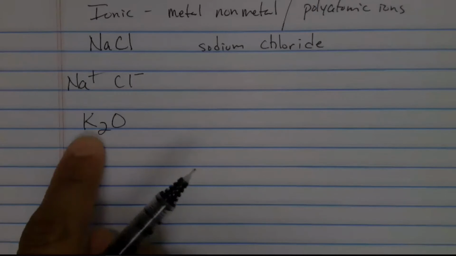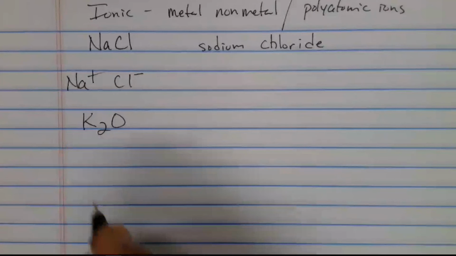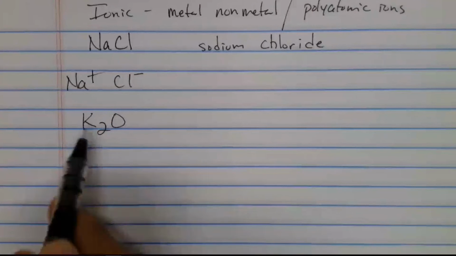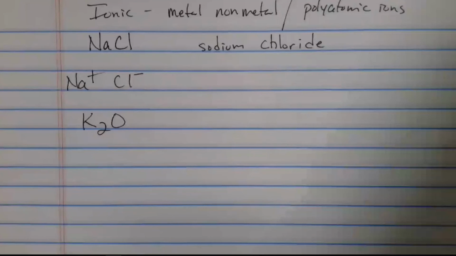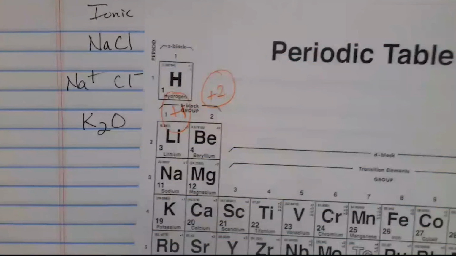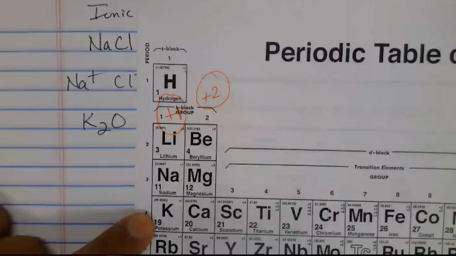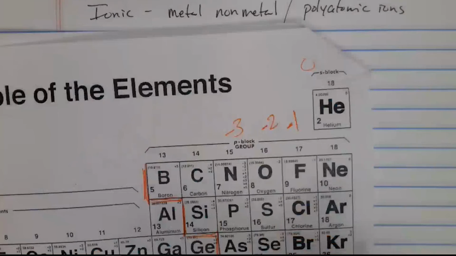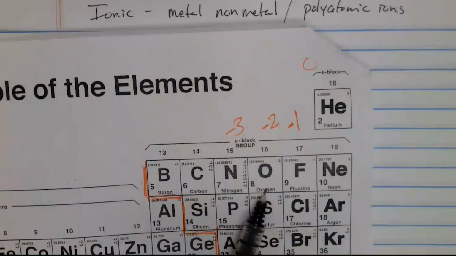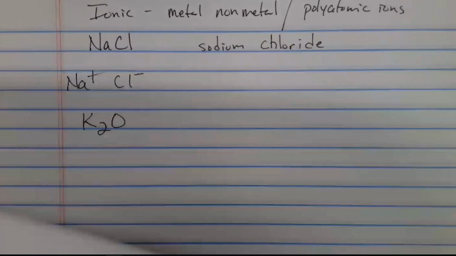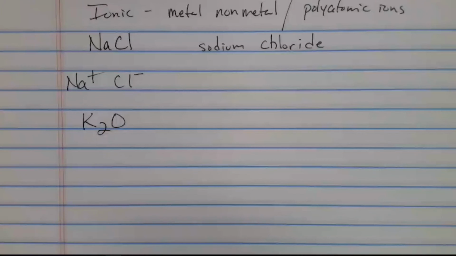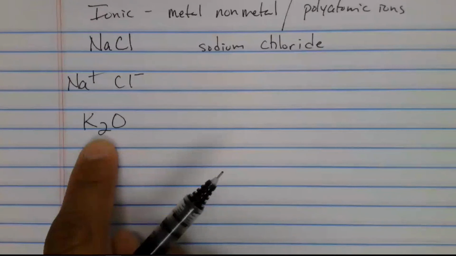Okay, K2O. All right, right here, you notice that K is an alkali metal. O, of course, we saw that, is oxygen, a nonmetal. So again, when you see metal with nonmetal, this is an ionic compound, so we have ions.